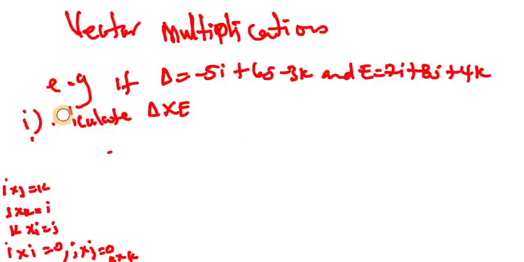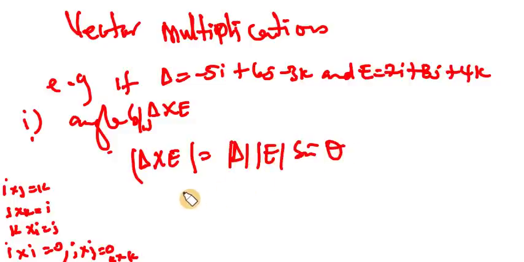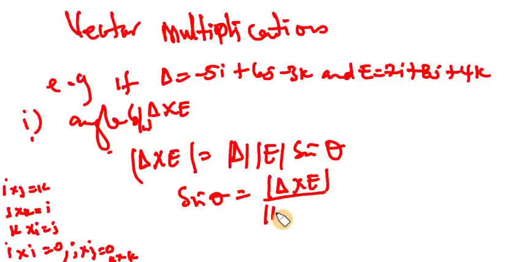So what we'll be looking at now is the angle between D and E. From this relationship, D cross E equals D magnitude E magnitude sine theta. So when we make sine theta the subject of the formula, we have D cross E magnitude over D magnitude times E magnitude.